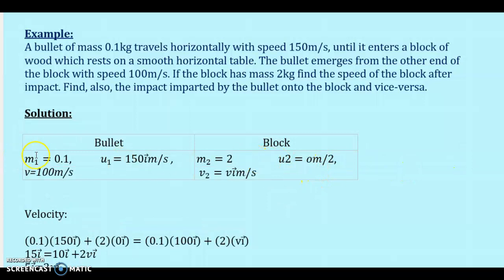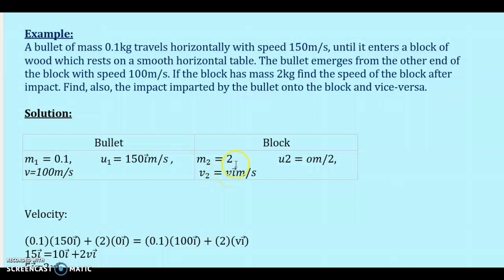So again, quickly, let's look over this. The bullet has a mass of 0.1 kilograms, an initial velocity of 150i meters per second, and a final velocity of 100i meters per second. Okay, the block has a mass of 2 kilograms, an initial velocity of 0i meters per second, and a final velocity of v meters per second.